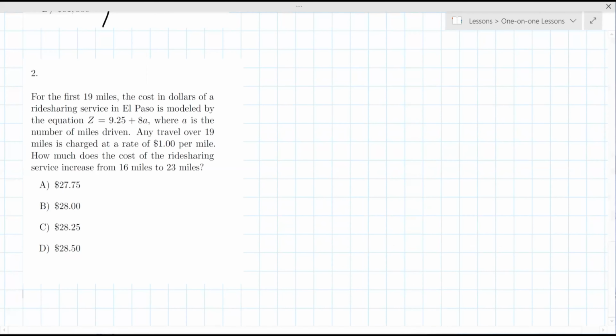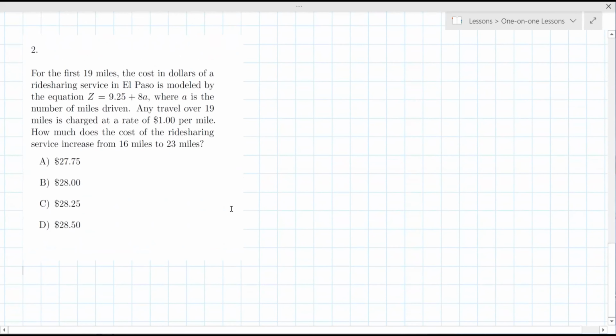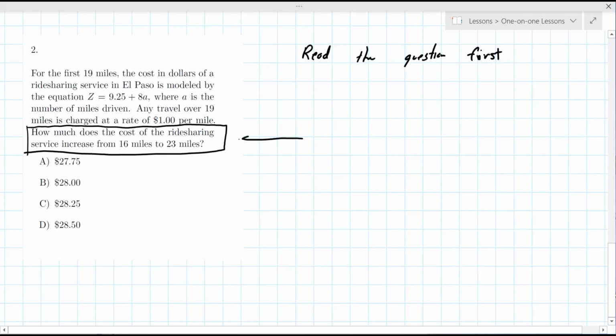Here it is. So one of the strategies that I like to use, I call it read the question first. And that can mean a lot of things. This whole thing is a question, but this line down here, the thing that they actually want you to do, they have a term in marketing: it's a call to action.